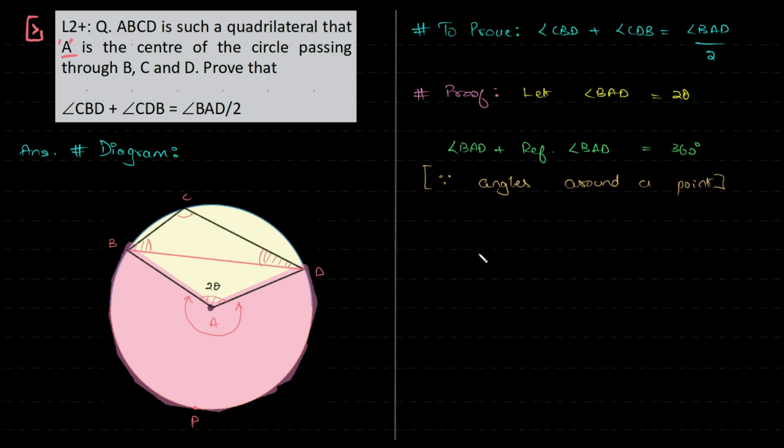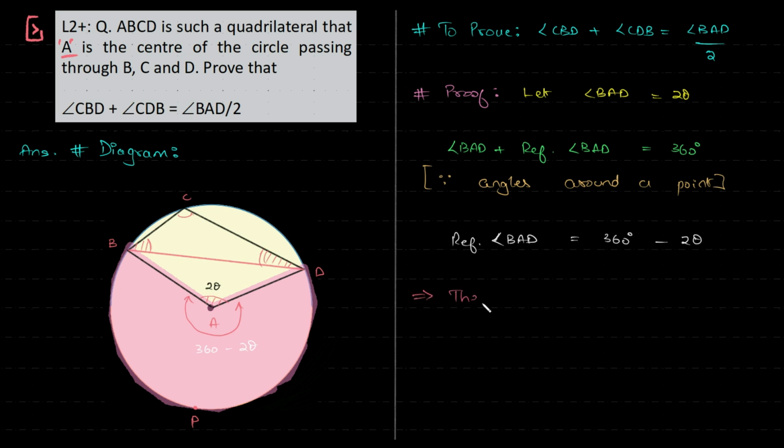Next thing, the reflex angle of BAD is equal to 360 degrees minus 2 theta. Next, what does this imply?